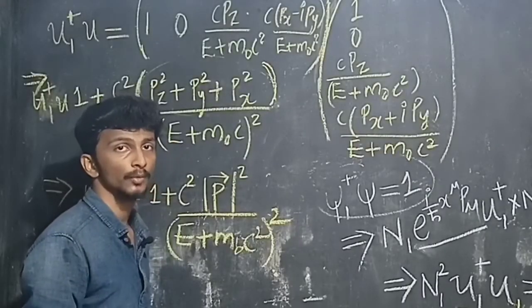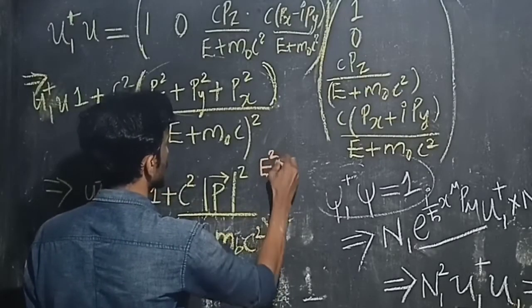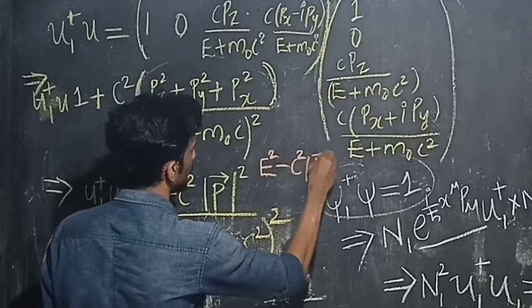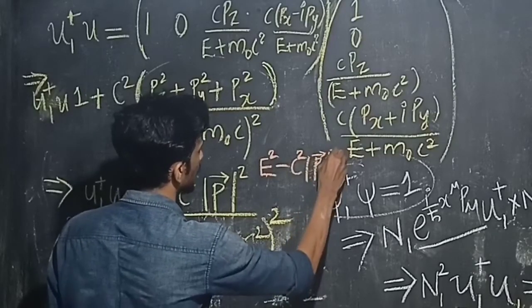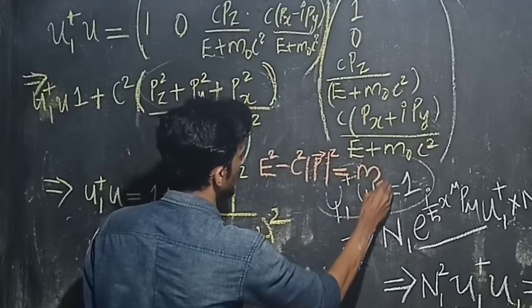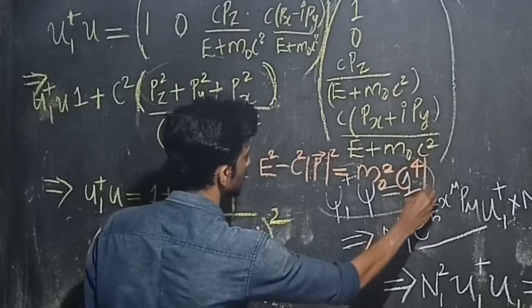From the dot product of the 4 momentum, we already have E square minus c square magnitude of 3 momentum whole square is equal to m naught square c to the power 4.